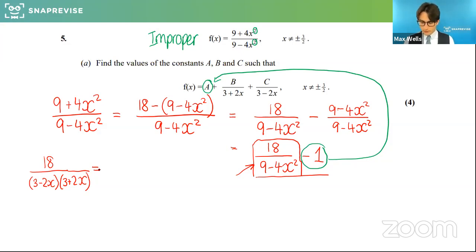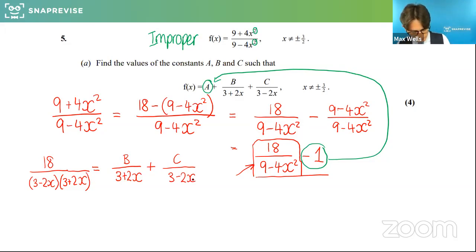It wasn't just a straightforward x² - 144 or something like that. So still be careful with this. And this will go to a over (3 - 2x) plus b over, actually, do you know what? Let's stick with what they've used in the actual question. They've said we want b over (3 + 2x), and then they've called it c over (3 - 2x). Okay.